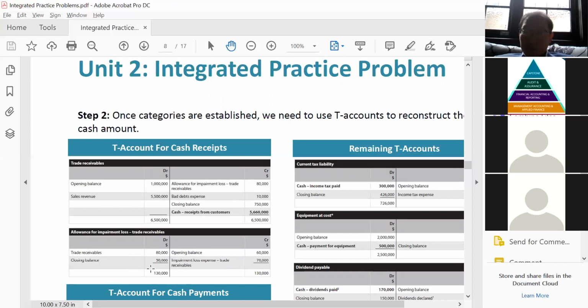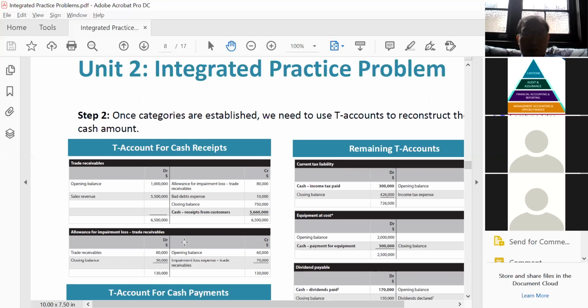So clearly, there's going to be a plug, okay, or a missing component in order to reconcile or balance this ledger or T account. And so this missing component is going to be this trade receivables, which is 80,000. So it's going to be 60,000 plus 70,000 minus 80,000, which gives you a closing balance of 50,000.